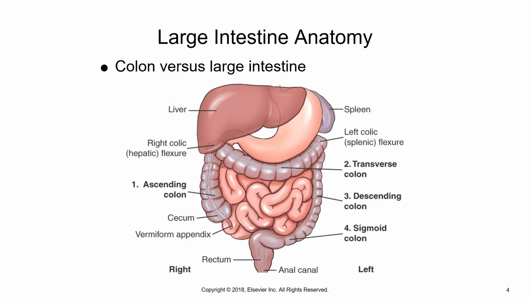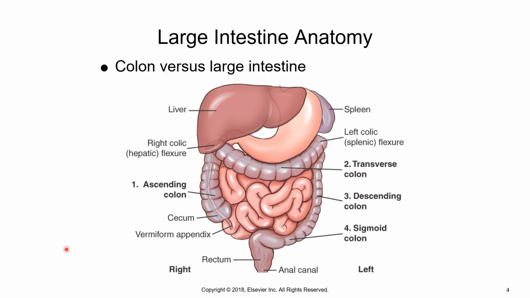When they talk about the large intestine versus the colon, a lot of times you will hear texts use these interchangeably, but that is not really the case. They are not to be used interchangeably because they reference different anatomy. The colon is actually only 4 sections of the large intestine, and does not include the cecum and the rectum.